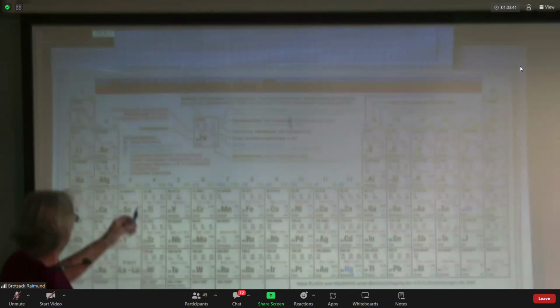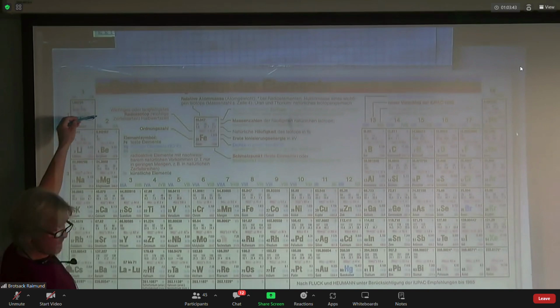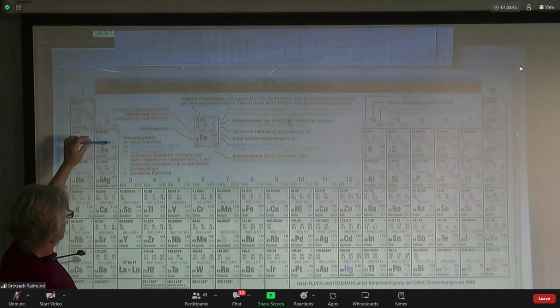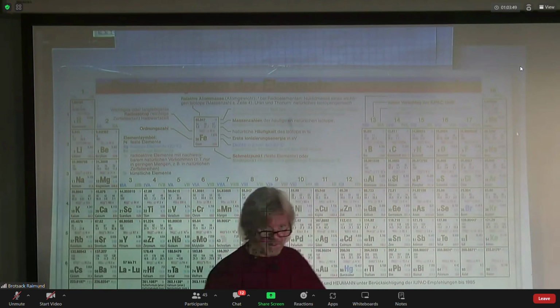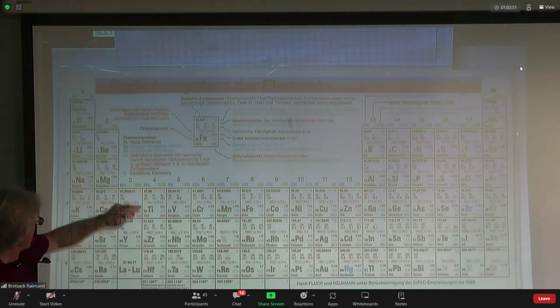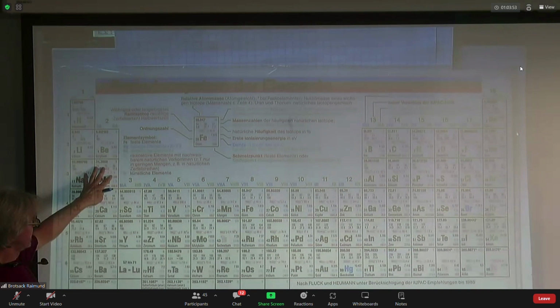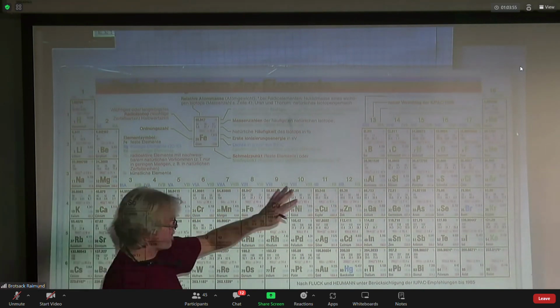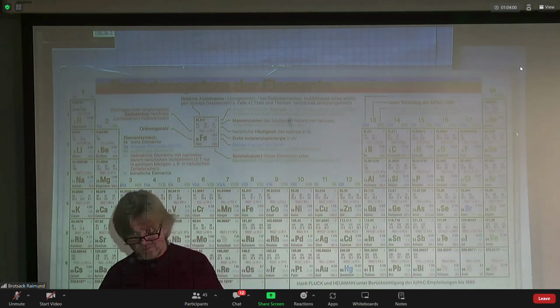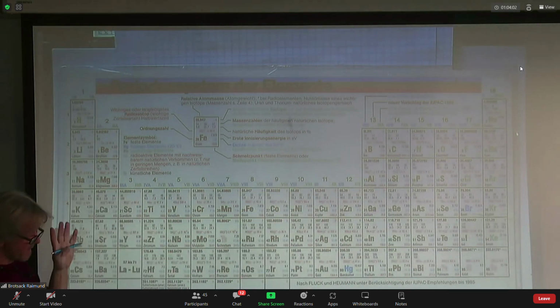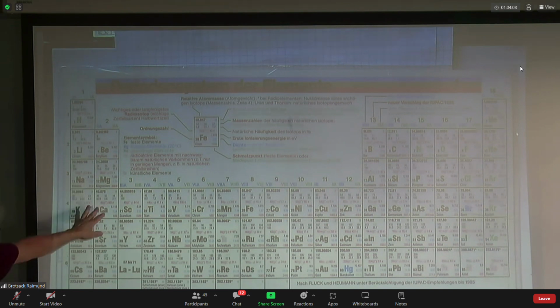We are here in the first period, we just have s orbitals. In the second period, we have s and p orbitals. In the third period, we have 3s, we have 3p, and we have 3d. But from the energetic level, 3d is above 4s.